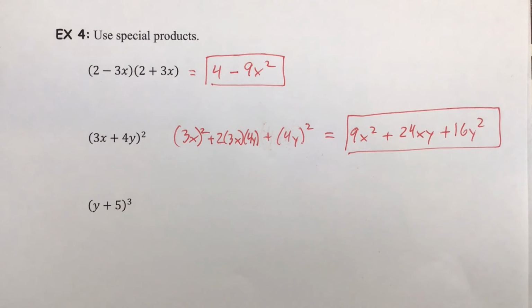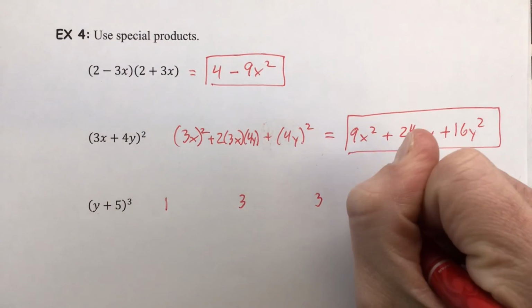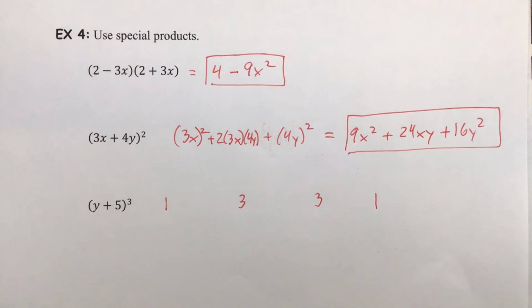All right, and then for the last one, we've got y plus 5 to the third power. Thinking back to Pascal's triangle, you're going to have the coefficients 1, 3, 3, and 1. At the very beginning, you're going to get all y to the third power.